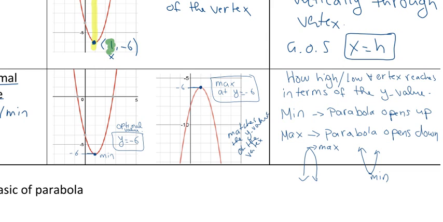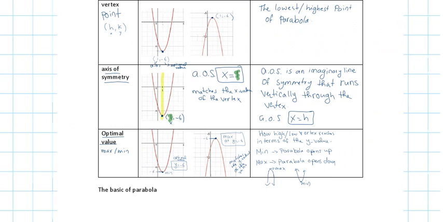So in general, if I'm looking at the general vertex, I'm just going to zoom out. Your vertex is h and k, right? We said that the h is the axis of symmetry. How about the k? What do we call the k then? It's the optimal value, right?